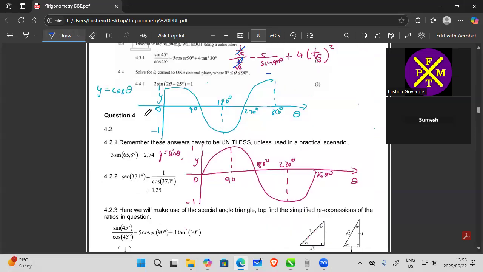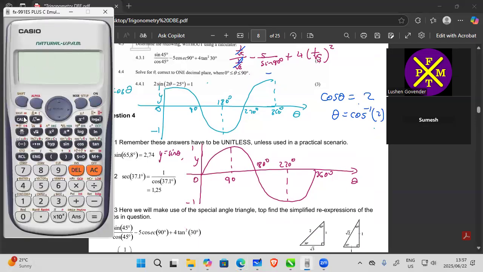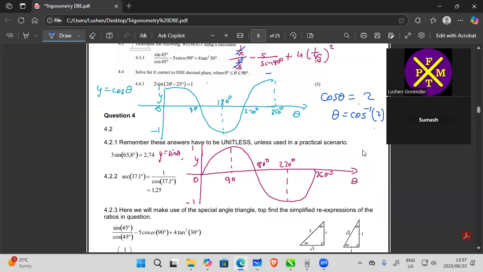Now you see what's so significant about this, and I just want to give you some insight here. Let's say I have something like this, and tell you solve for theta. Cos of theta is equal to 2. Right? You can put theta is equal to cos inverse of 2, put it into your calculator, right? Because we're trying to solve for theta, shift cos of 2 is equal to what? Error. And then you ask yourself, okay, why is that the case? Think about it.